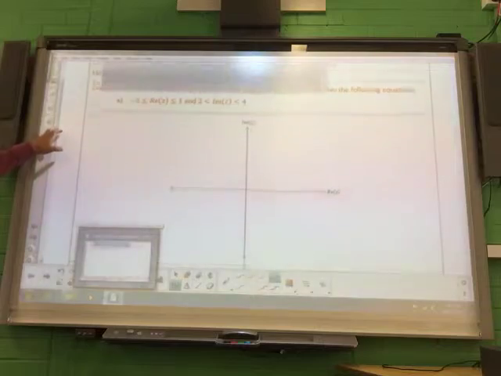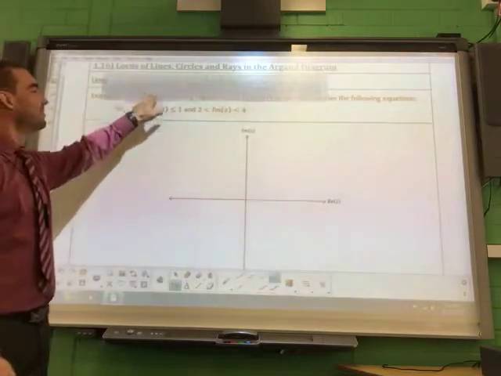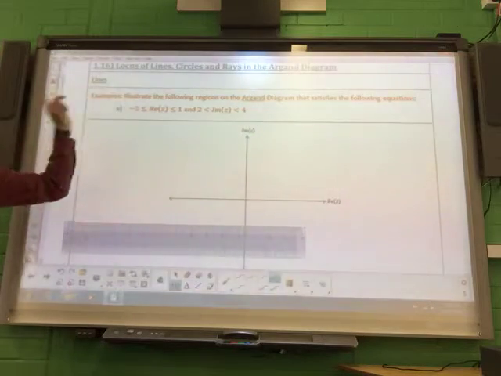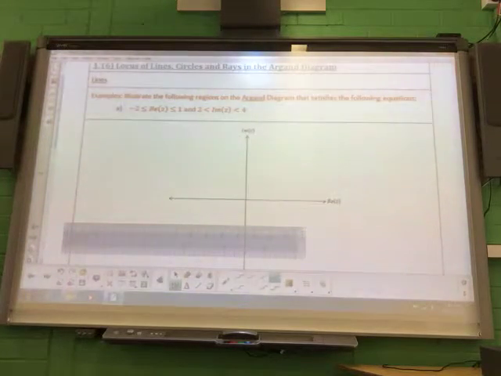Well, it's under the heading lines, isn't it? What if I said the real part was equal to 2? The real part is equal to 2. Yeah, vertical line, isn't it?